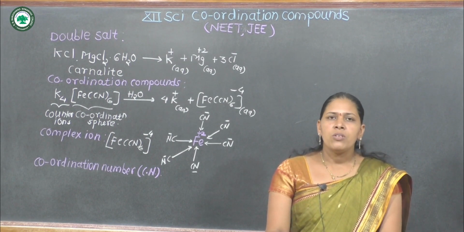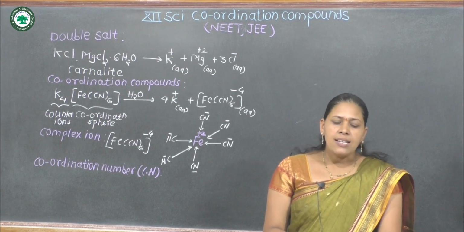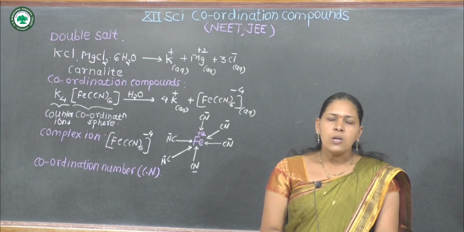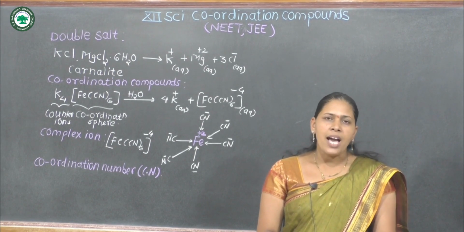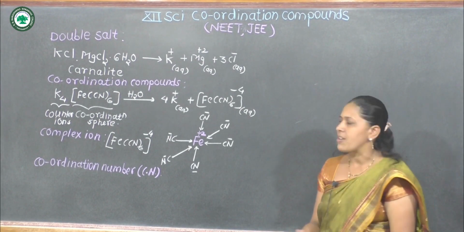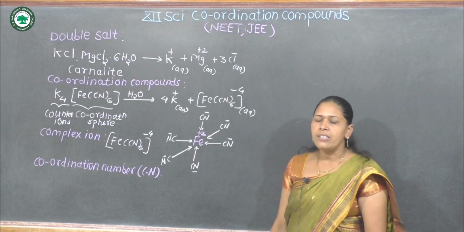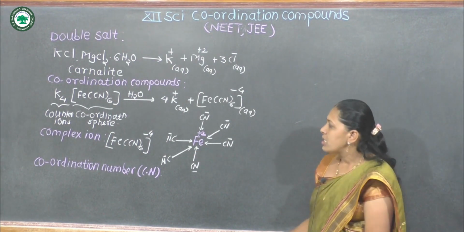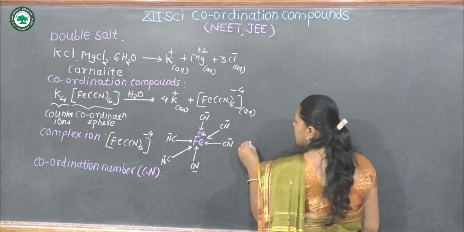The total number of coordinate covalent bonds formed by the central metal ion in a complex is called the coordination number. For example, in this case there are 6 coordinate covalent bonds formed by the central metal iron +2. Therefore, for this complex the coordination number is 6.